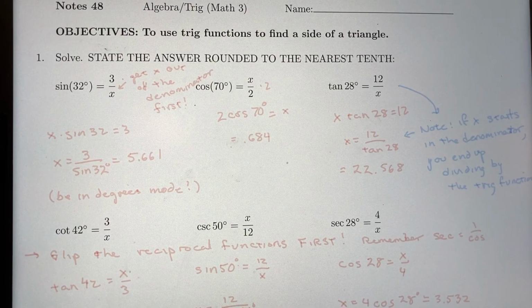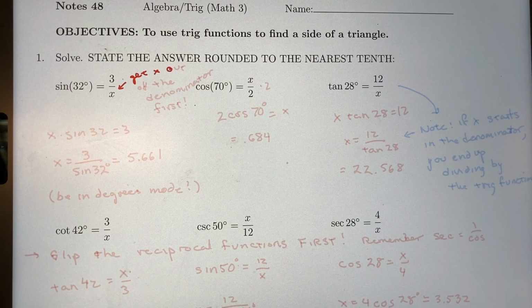Okay, finally, something that's relatively straightforward. Solving this using calculators. Point: if x is in the denominator, get x out of the denominator in a separate step. So multiply both sides by x.